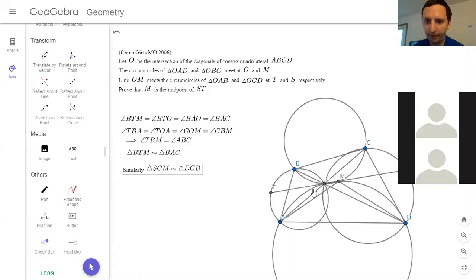And those two similarities, I think, should solve it because, actually, let me think, is it that obvious? Because TM over BC, let me read the chat.